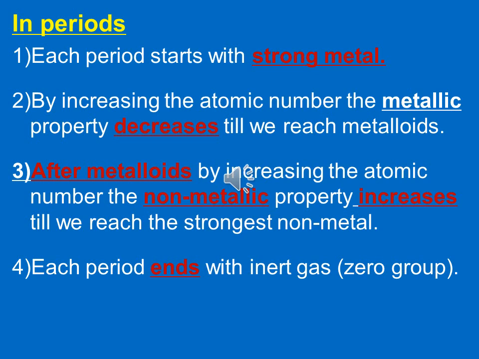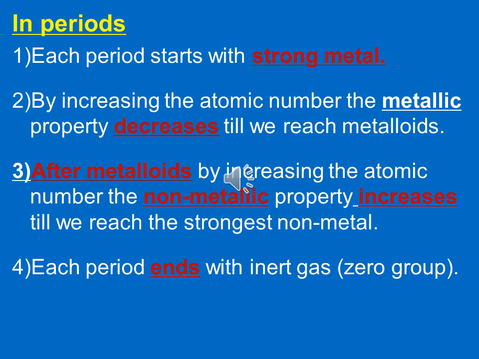So metallic property decreases till we reach the metalloids. After metalloids, we meet the non-metallic elements, and the non-metallic property increases till we reach the strongest non-metal in group 17. Why does the non-metallic property increase? Non-metallic is to gain.